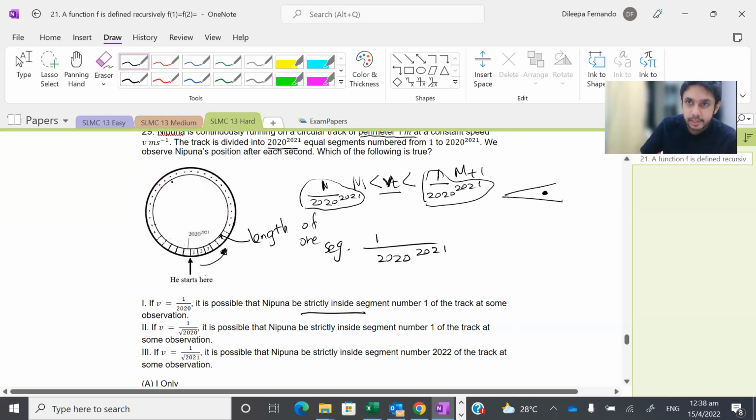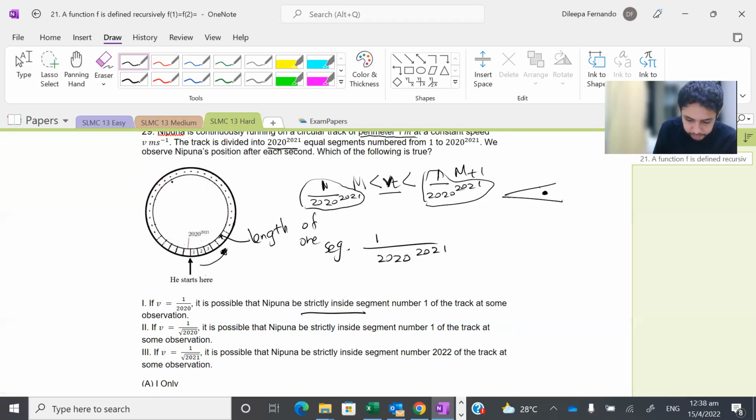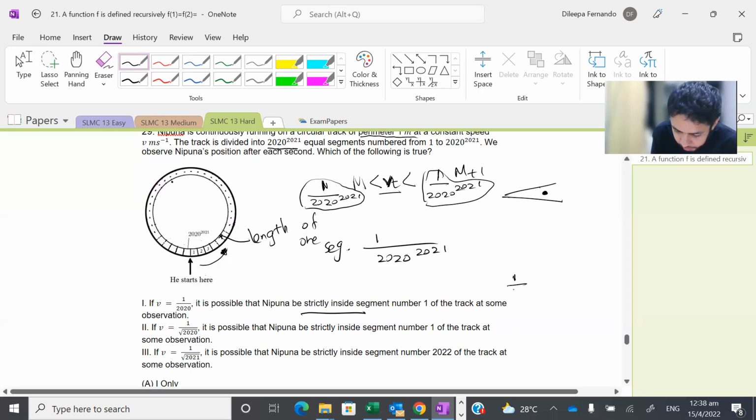So let's see. This is 1 over 2021, and v is greater than 1 over 2021. So V is 1 over 2020, and we have 1 over 2020 to the power 2021.